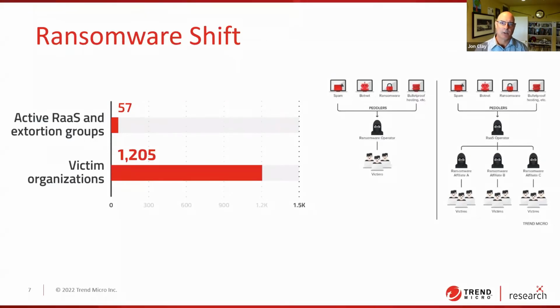And you can see here, we tracked 57 active ransomware as a service groups and extortion groups in the first half. Quite a few out there, obviously. There are new ones coming on the scene all the time. We're also looking at leak sites. You can see over 1,200 victim organizations that were targeted by these 57 groups that are out there.